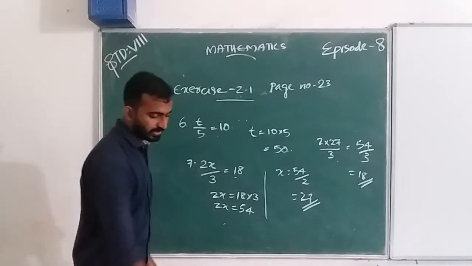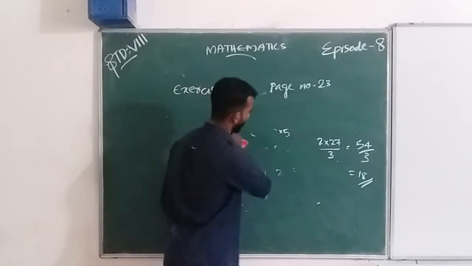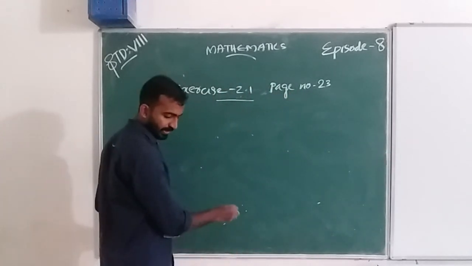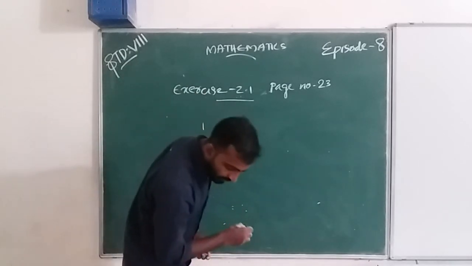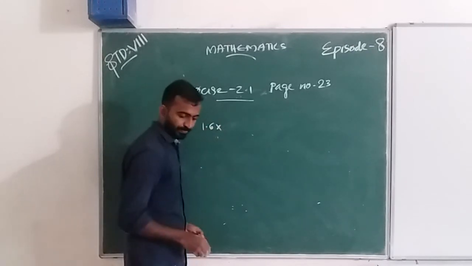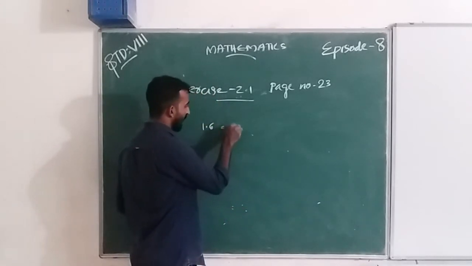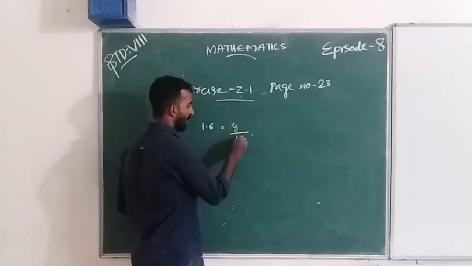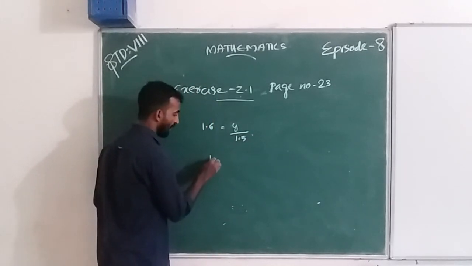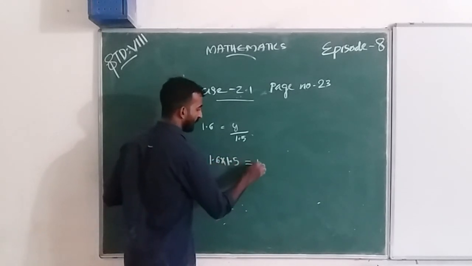Next one is, eighth one is 1.6 equal to y by 1.5. That is, here we can write 1.6 into 1.5 equal to y.